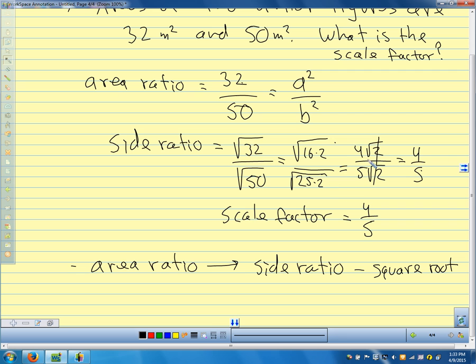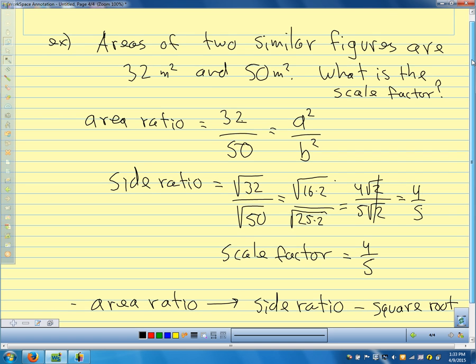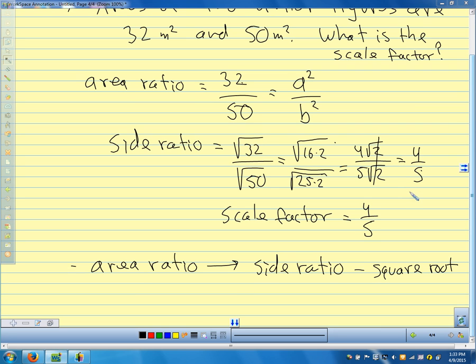If it said the ratio of the perimeters, side ratio. If they were hexagons, the ratio of the apothems would be 4/5. So any length ratio is going to be 4/5.